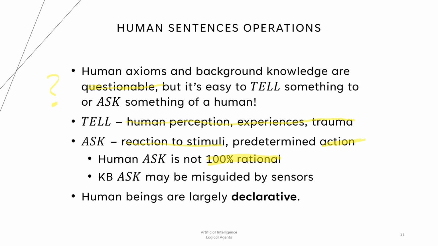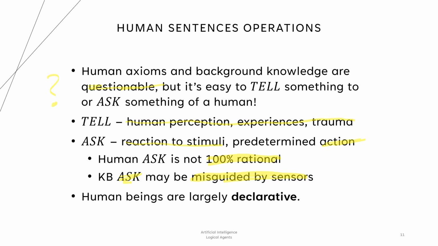But just like humans, a KB agent's ask may be misguided by sensors. All the information that we perceive might not be reality as it is. We have biases and conditions and things like that that can stop us from experiencing reality truly as it is.